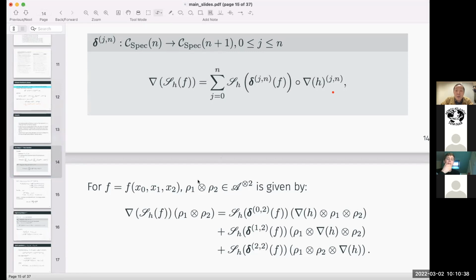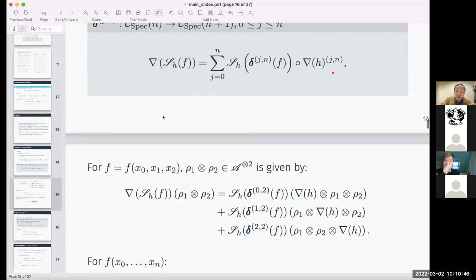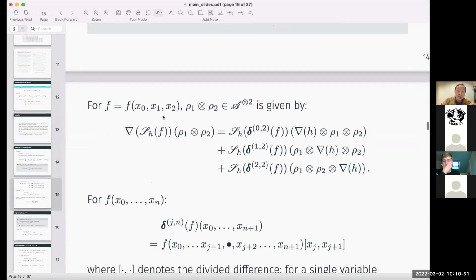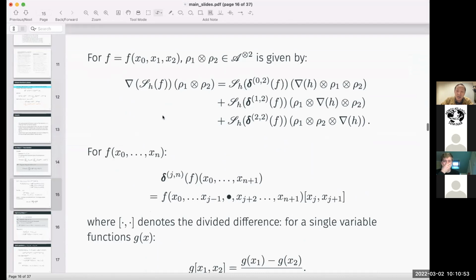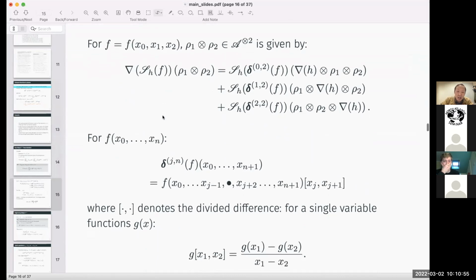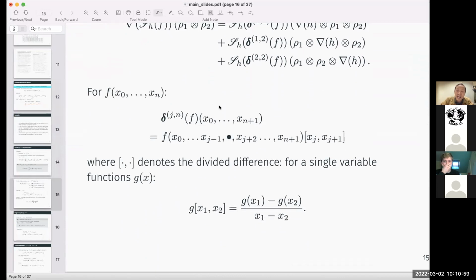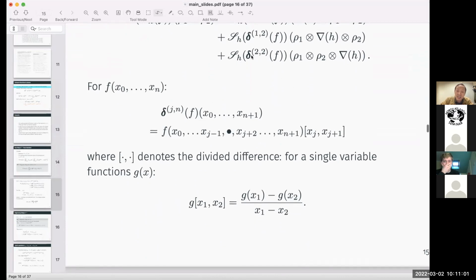The crucial point here is that this phase map increases the number of arguments by 1. And then making use of the standard Duhamel argument I quickly explained before, we can figure out the explicit formula for these phase maps.